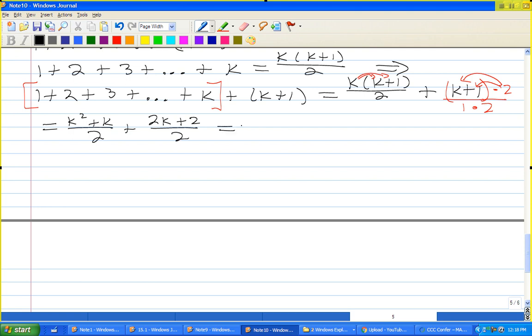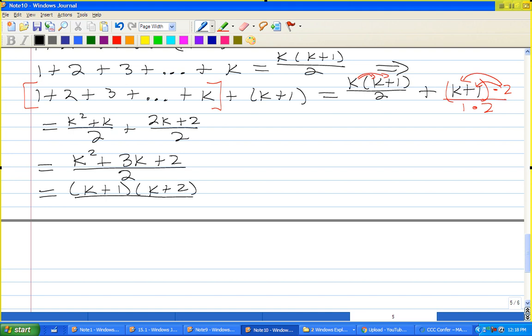Well, I can certainly add numerators, since I have a common denominator. So k squared plus k plus 2k is k squared plus 3k plus 2 over 2. Now I can factor. Well, this factors nicely into k plus 2 times k plus 1.